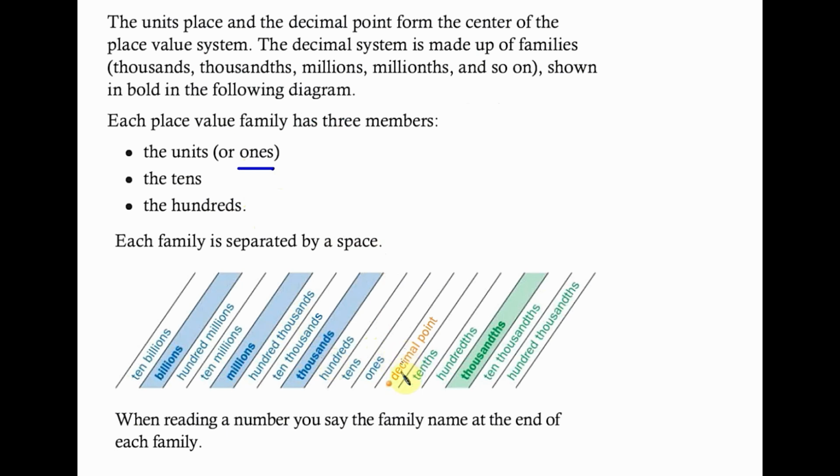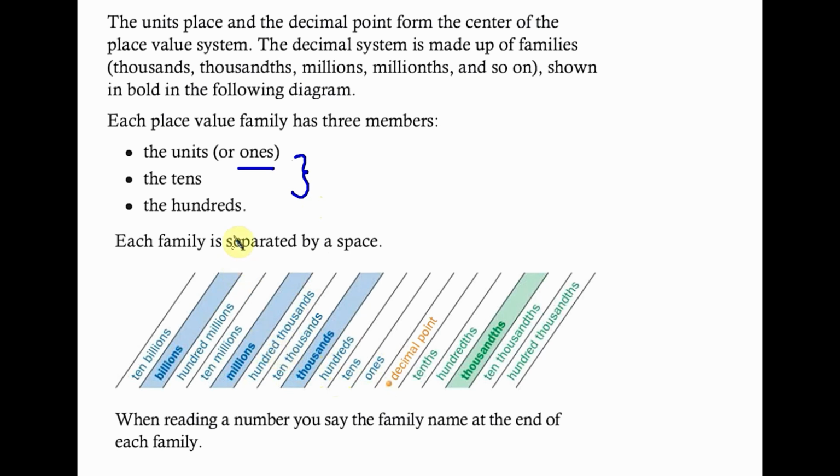So for example, at the left side of the decimal point, the first place will be ones, then it goes to tens, hundreds. After hundreds, we have a family name such as thousands. After this, we're going to repeat the names over again. So after thousands, this is your ones now, then it becomes 10,000s. After that will be hundred thousands.